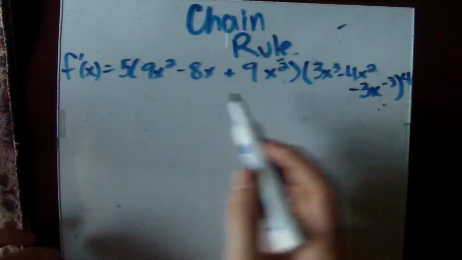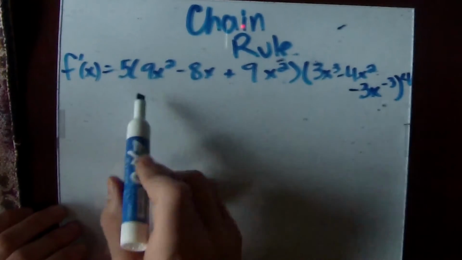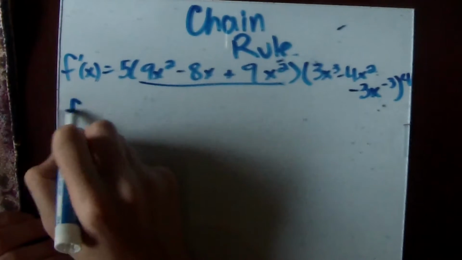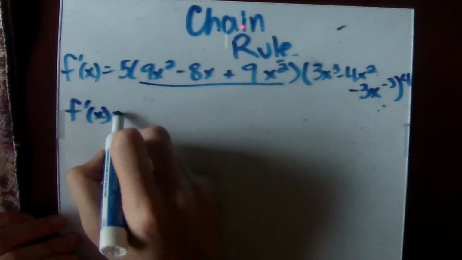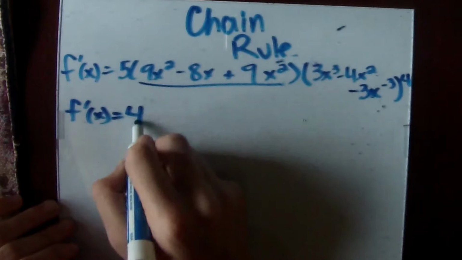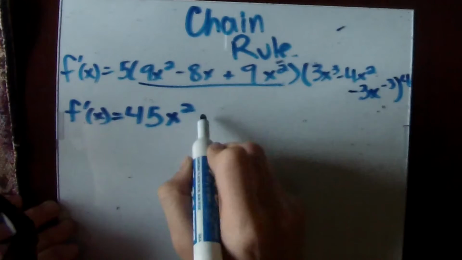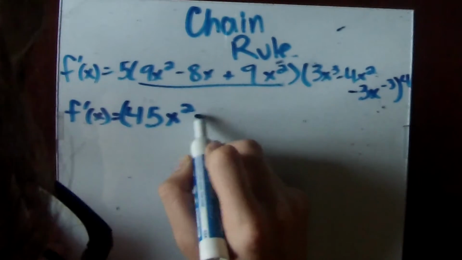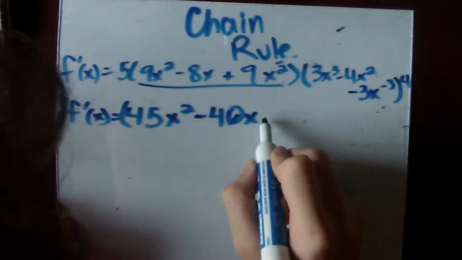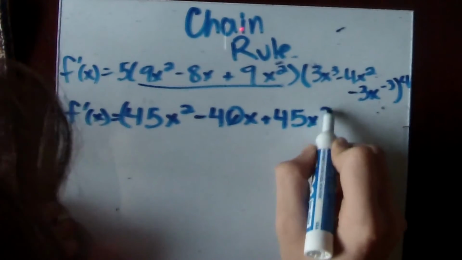So the next step is to multiply this by 5. So for example, we have f prime of x equals 45x squared minus 40x plus 45x squared.